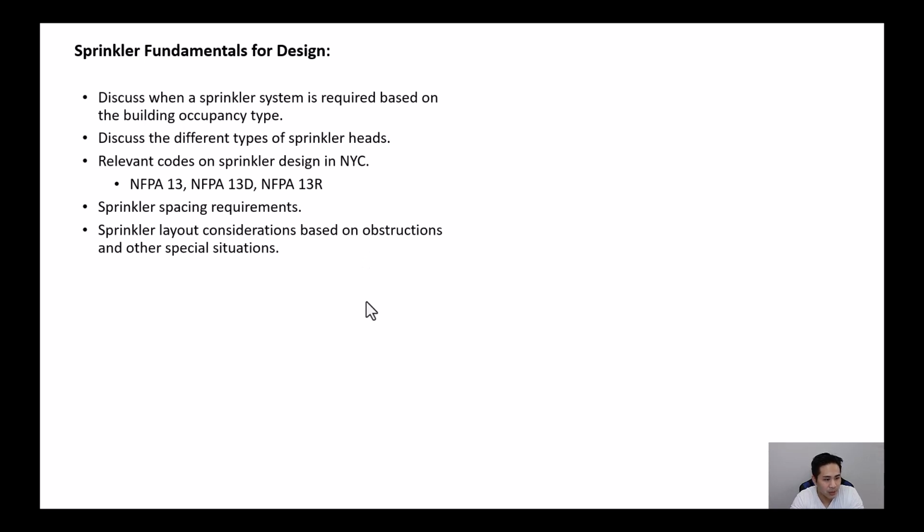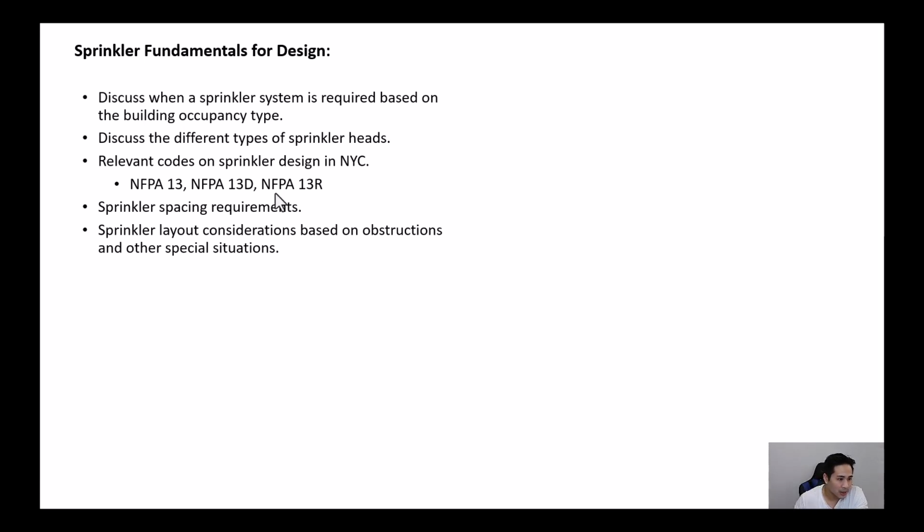You can have obstructions such as a beam extending down from the ceiling, or something at the floor level, such as a half-sized wall and not a full-sized wall. So you can have certain situations like that. Also, it could be light fixtures hanging from the ceiling, as well as ducts and HVAC equipment.